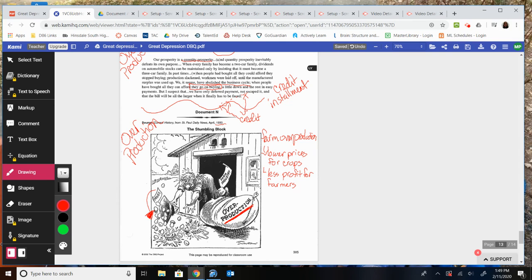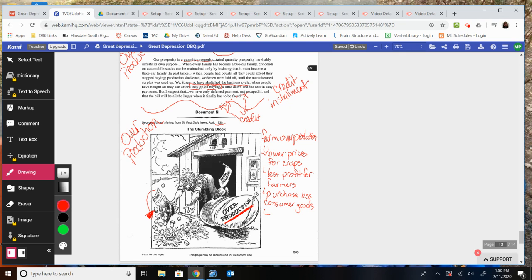When there is less profit for farmers, there is less purchasing of consumer goods. And that's less purchasing of consumer goods by farmers and people in the agricultural society.